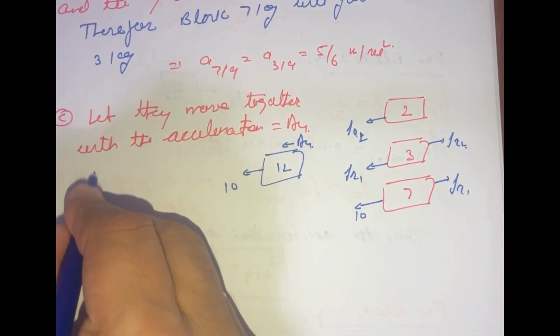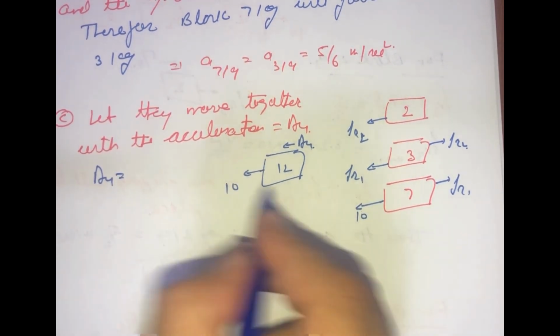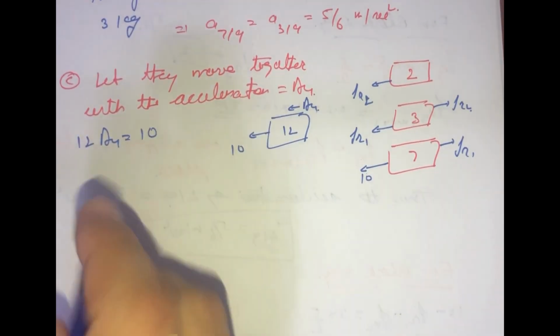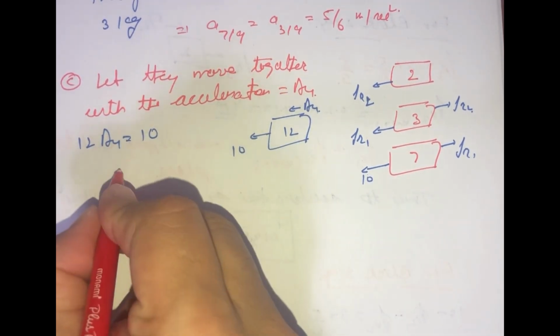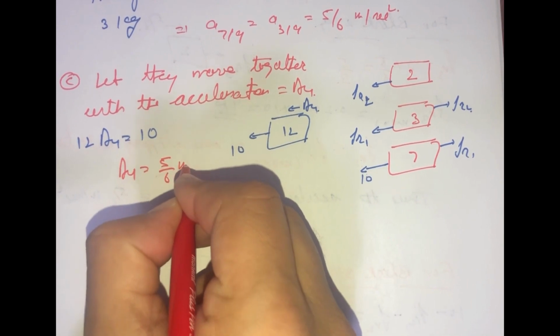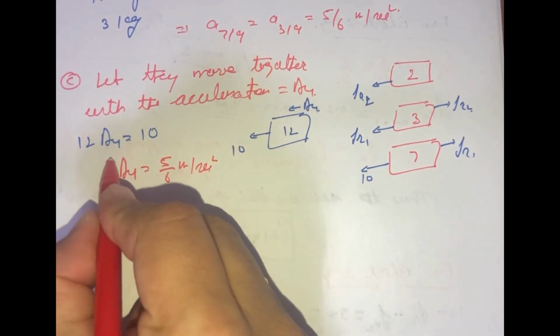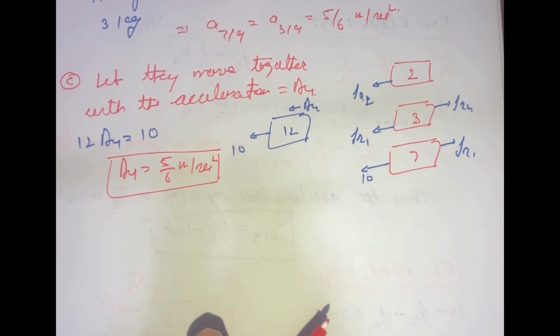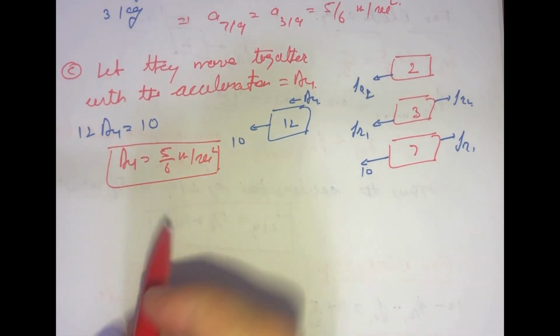So mass times a4 will be equal to 10, and from here you can say that a4 will be equal to 5/6 meter per second square. So it means at least all these should be having an acceleration of a4.